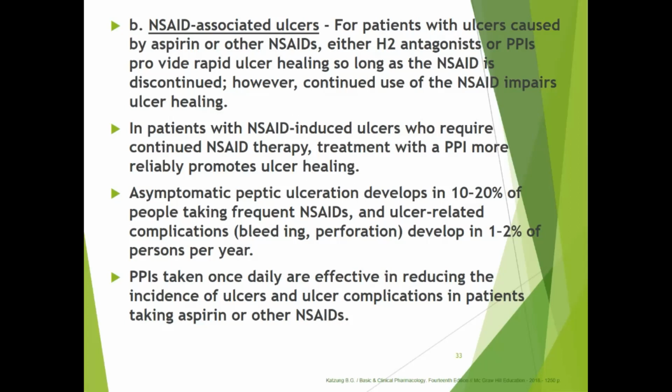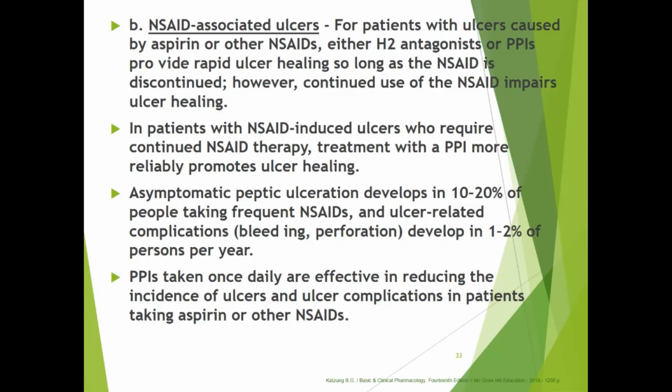COX-1 and COX-2. When we prescribe non-selective non-steroid anti-inflammatory drugs, these drugs stop the activity of COX-1 and COX-2. Stopping COX-2 is very good, stopping the pro-inflammatory effect, but stopping COX-1 removes the gastroprotective effect of these enzymes. That's why the side effects after using non-steroid anti-inflammatory drugs are gastritis and ulcer.